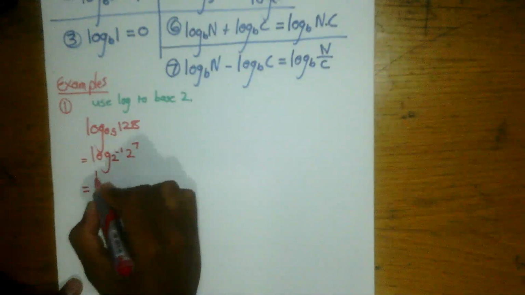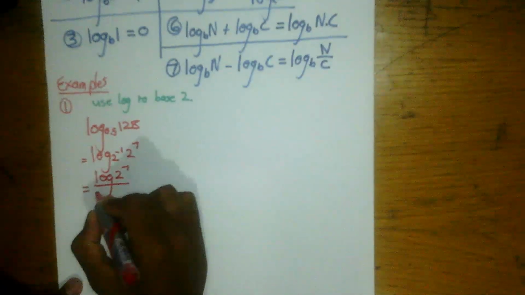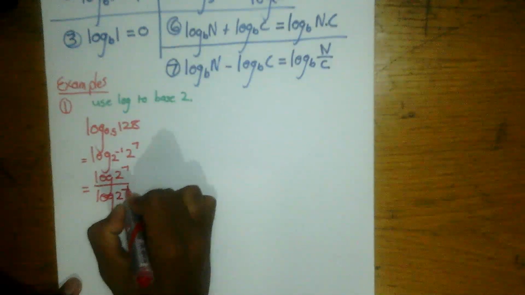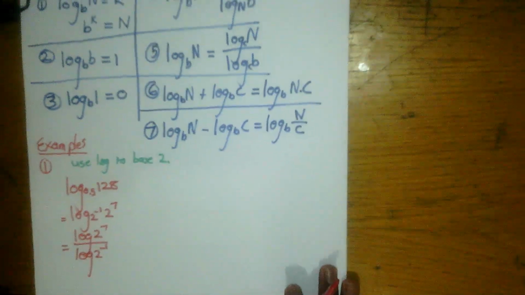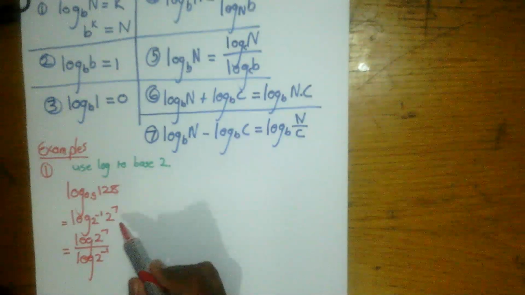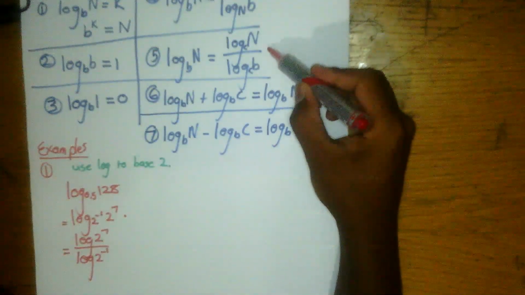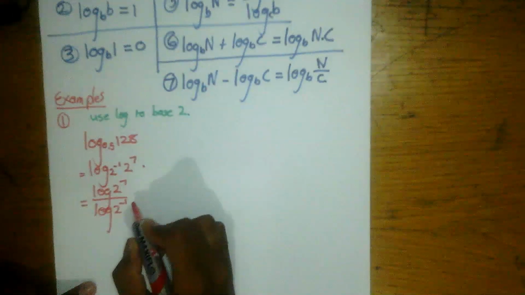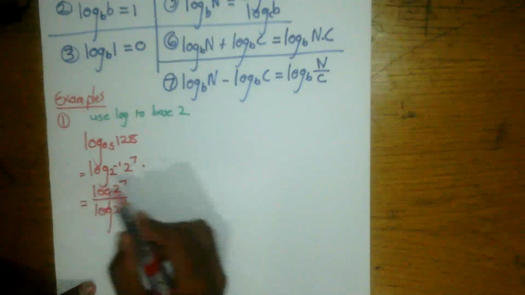Now we must change it. I'm sure that you can notice that we changed this log using this rule 5, and now all we have to do here is take this over.